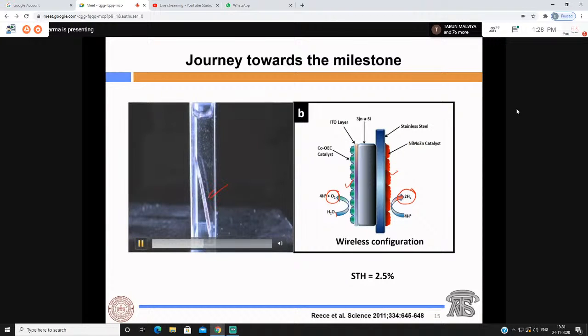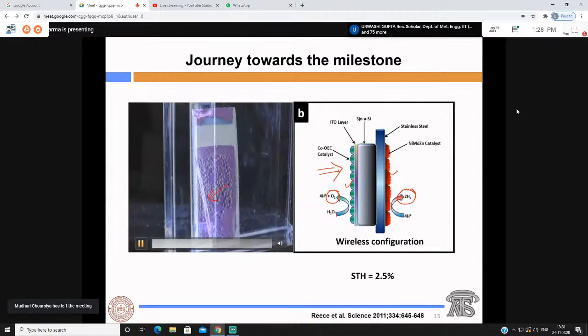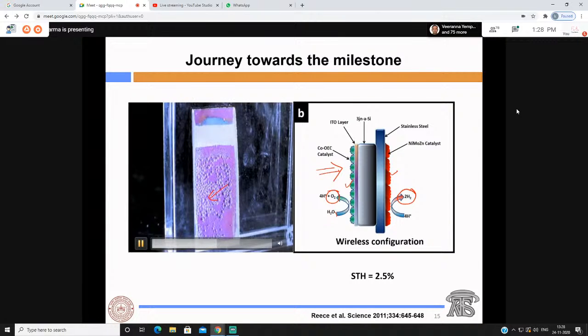This surface is exposed here. Now you can see this is the oxygen evolution catalyst, a magenta colored catalyst, and this is cobalt phosphate catalyst.